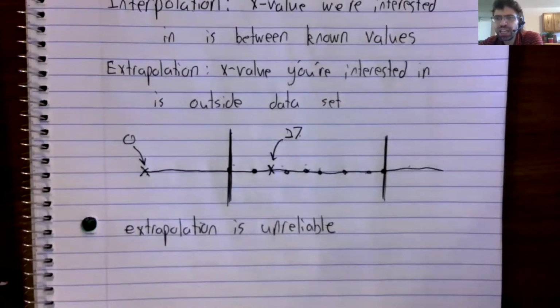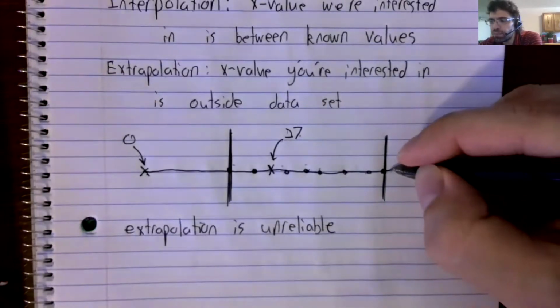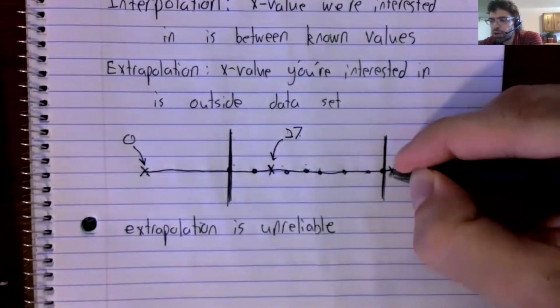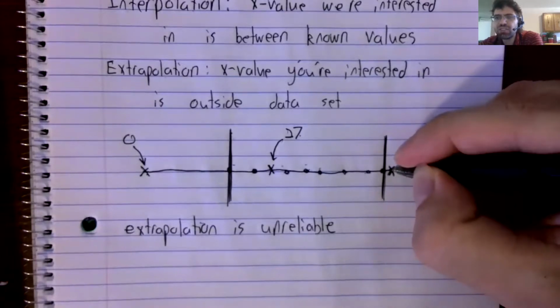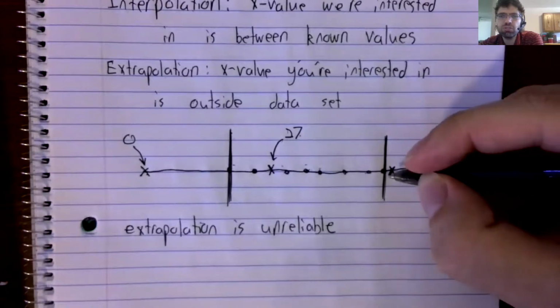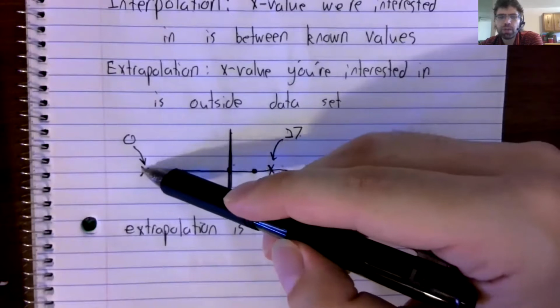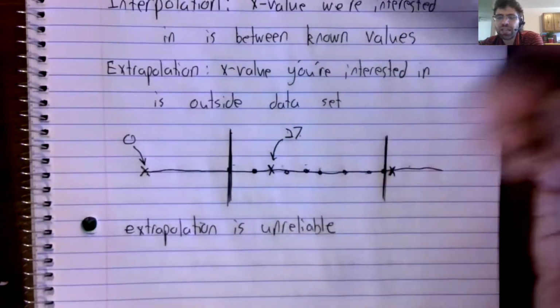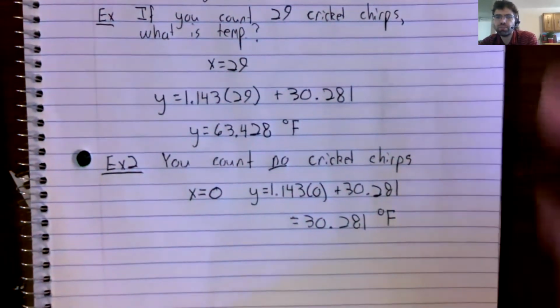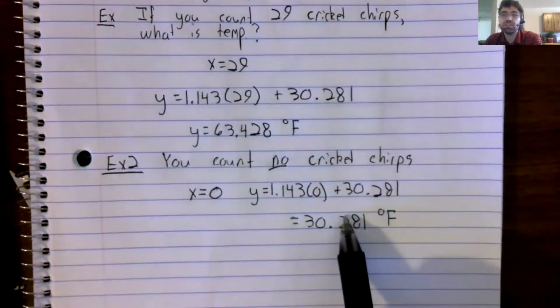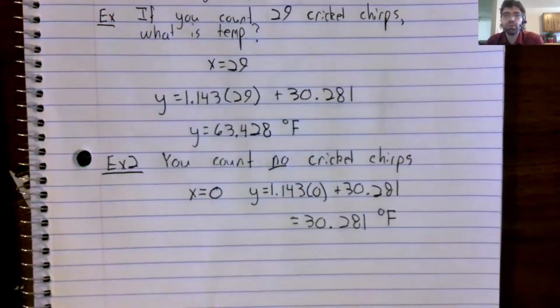We might be able to get away with it if we're outside the data set, but really close to it. But here we were very far away from the data set, and the answer we got when we tried to do extrapolation was just completely wrong. This 30.281 doesn't mean anything.